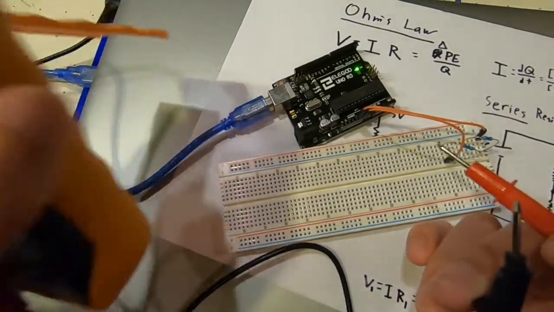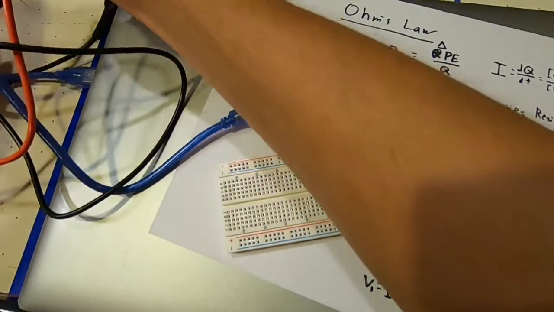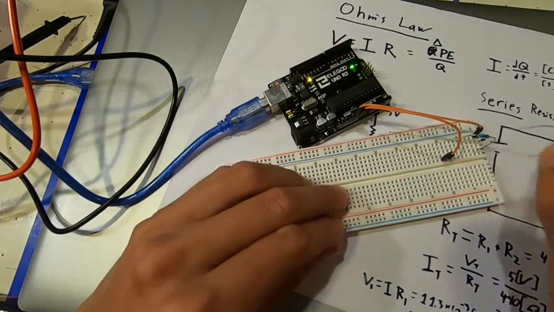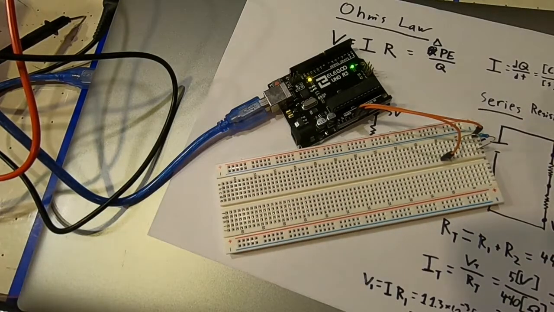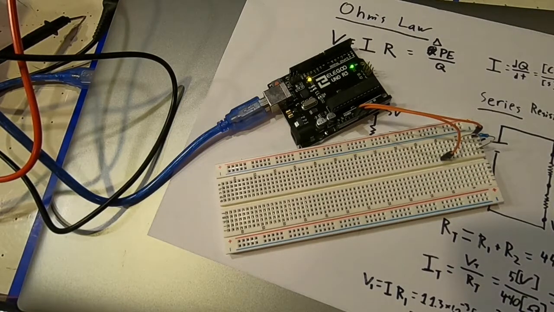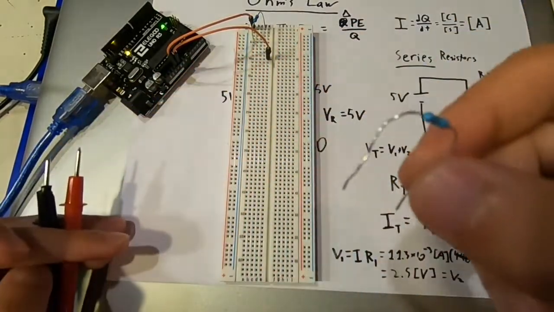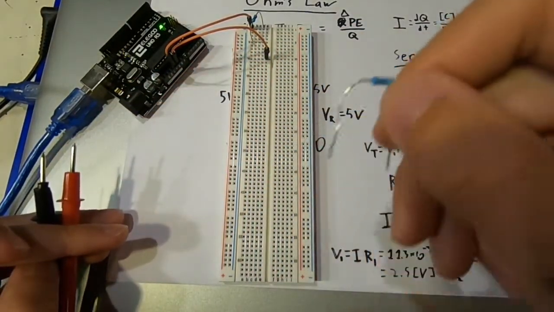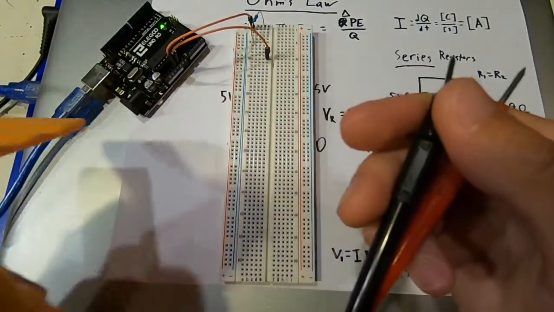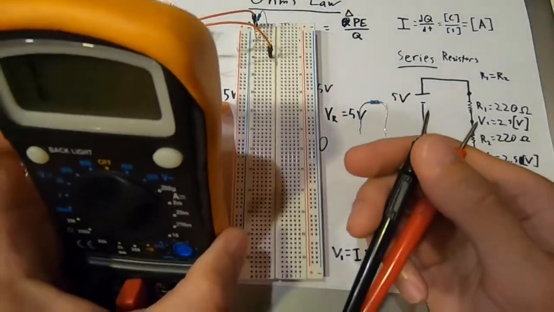So now what would happen if we were to remove this 220 ohm resistor and replace it with a 1 kilo ohm resistor? So this is 1,000 ohms. Take out our multimeter, switch it to the ohm setting.